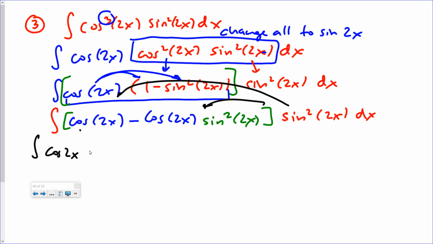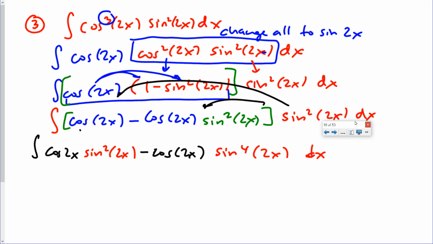Cosine 2x times sine squared 2x minus cosine 2x times sine squared times sine squared. Isn't that just sine to the fourth? Sine fourth 2x. And I think I'm done distributing.